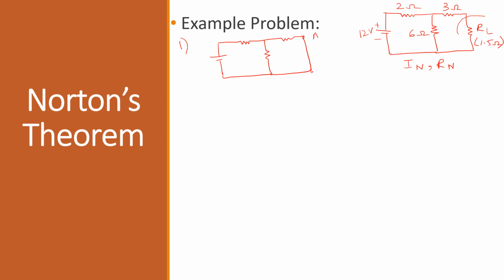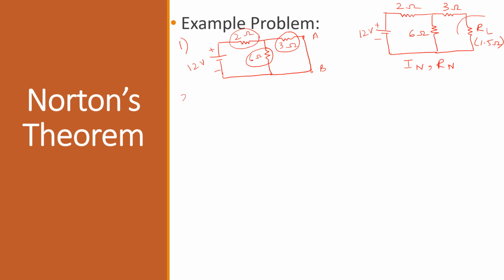Now this is terminal A and this is terminal B. This is 2 ohms, this is 6 ohms, this is 3 ohms. Now as you can see, this 6 ohms resistor and this 3 ohms resistor are in parallel, and this parallel combination of 6 ohms and 3 ohms is in series with this 2 ohms resistor.